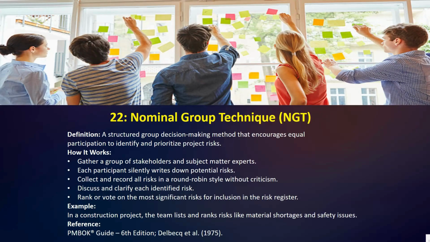After all the ideas are listed and discussed, the group votes or ranks the risks to prioritize the most significant ones. This process guarantees that every idea is considered. For example, in a construction project, the team lists and ranks risks like material shortage and safety issues.